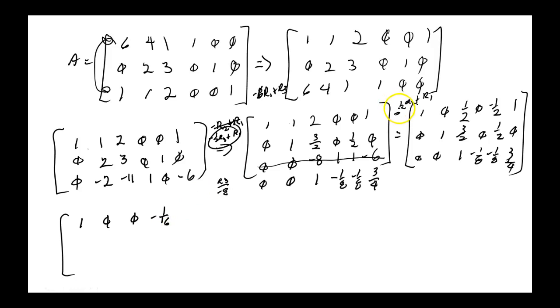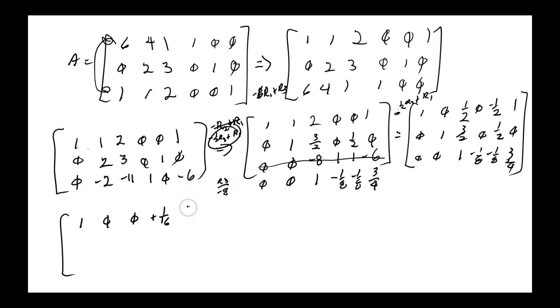And negative 1/2 of, wait a minute. That's positive 1/16. Negative 1/2 times negative 1/8 is positive 1/16 plus 0 is positive 1/16. Negative 1/2 times negative 1/8 is positive 1/16 minus 4/16.